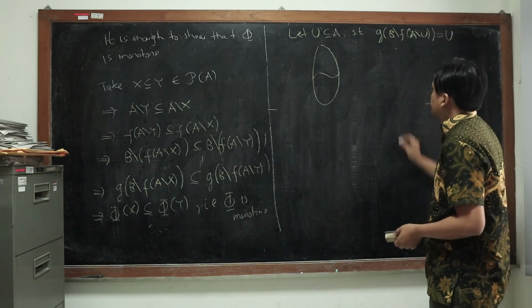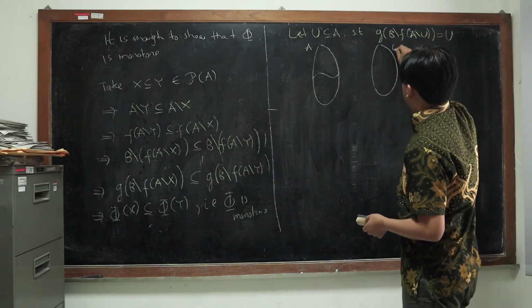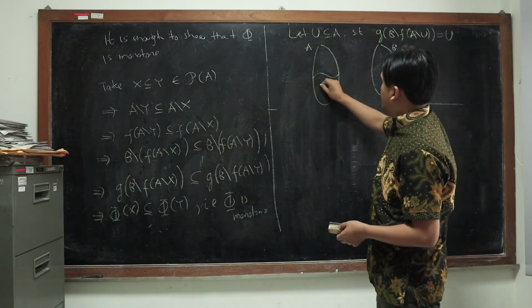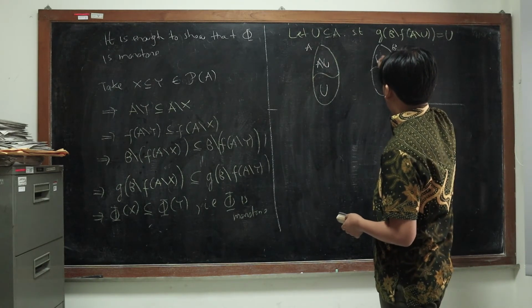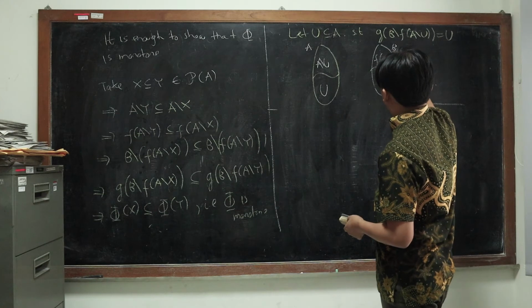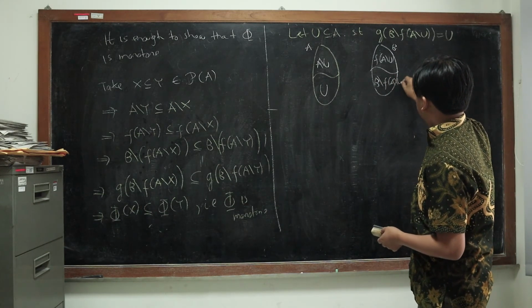So then we have the set A here and the set B over here. We have the set U and A minus U. Here we have F of A minus U, and here we have B minus F of A minus U.